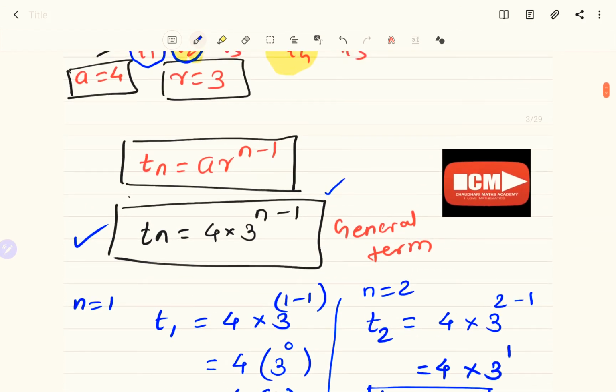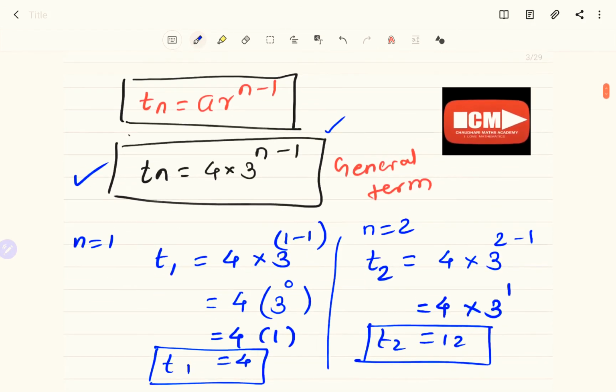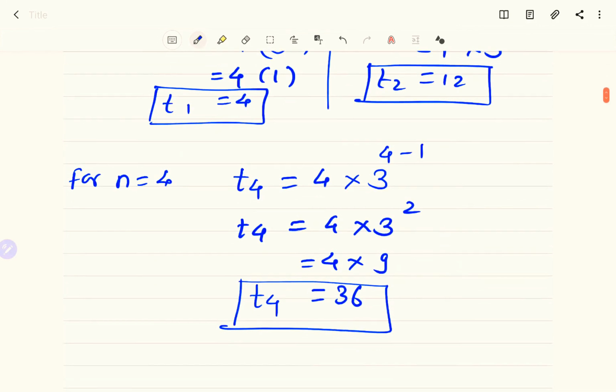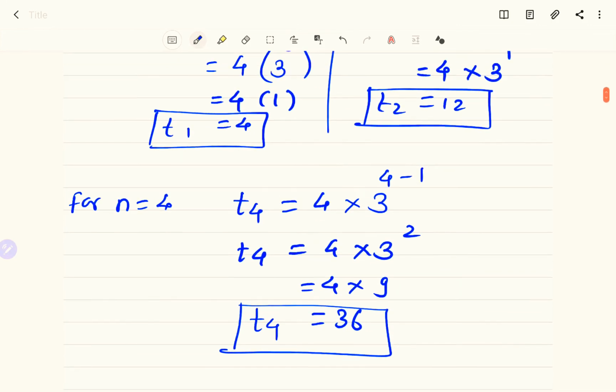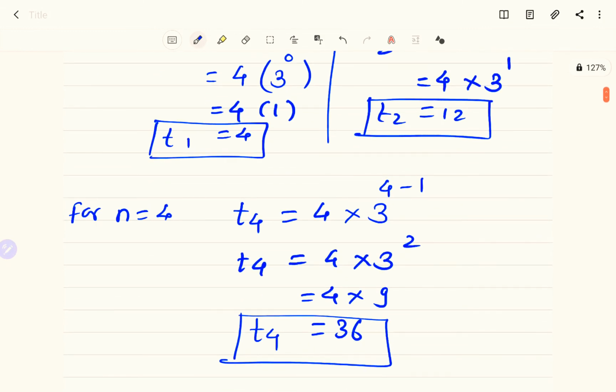If you observe in this example, the fourth term, so I'm talking about n equal to 4, is it n into r raised to n minus 1? Sorry, here I am making a few mistakes, maybe because of quick calculation. 4 minus 1 is 3. Sorry for this mistake again, friends. So this 3 raised to 3 is 27. 27 into 4 is 108.